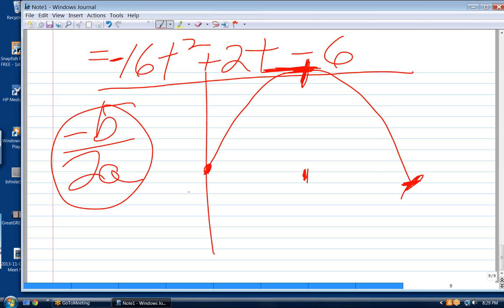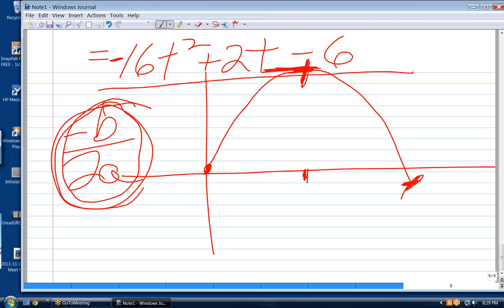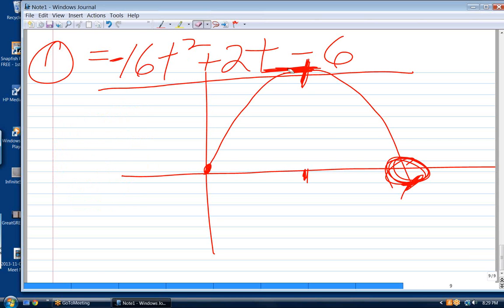In other words, if I put a coordinate system on here, this is what I'm looking at. So if the question says, when do you reach the maximum value of this ball thrown into the air, it's going to be where the vertex occurs. And if they say, when does the ball hit the ground, well, that's where y is equal to 0. So I have to factor that quadratic to solve for t, and that will be the answer to when the ball comes back and hits the ground.